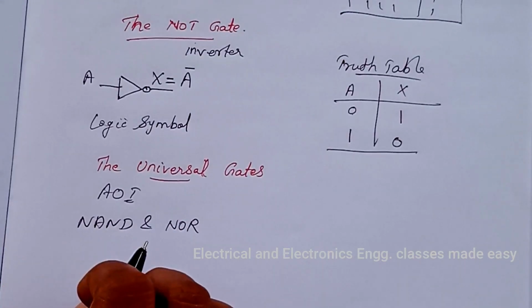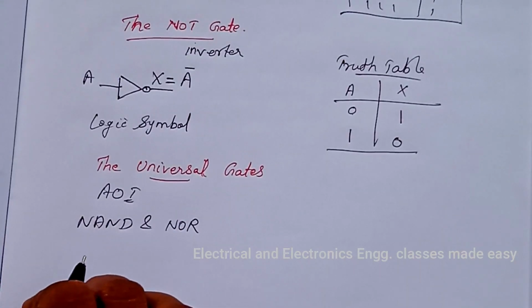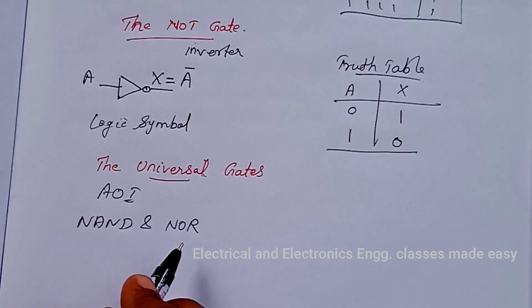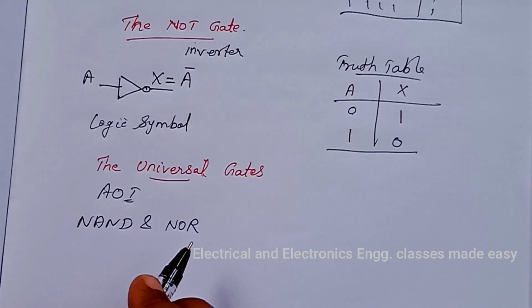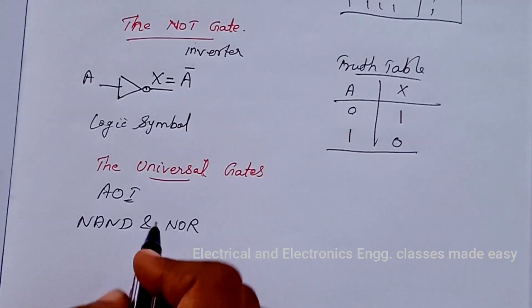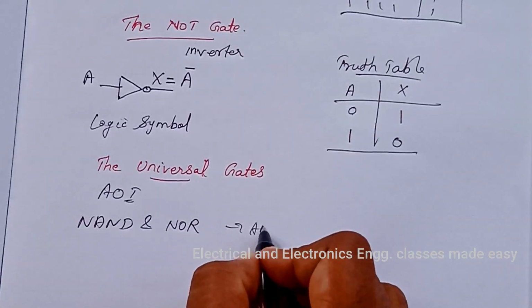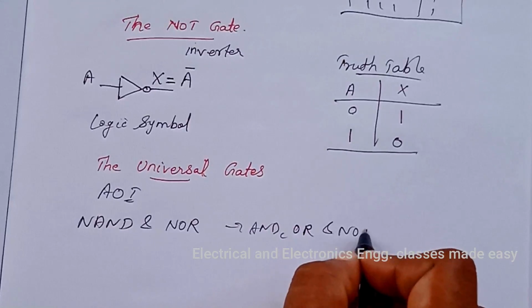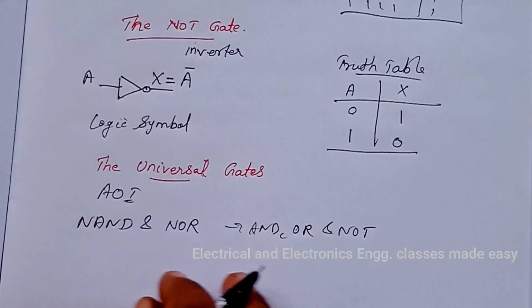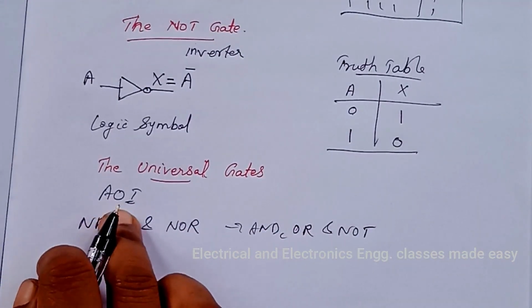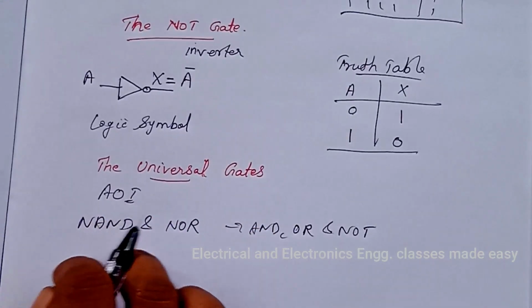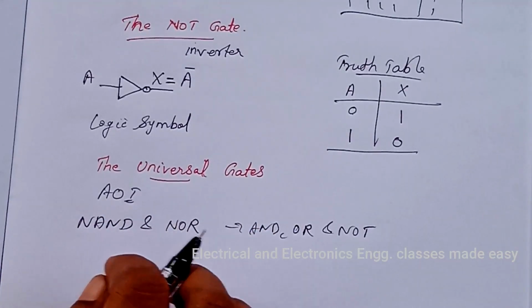The NAND and NOR gates are therefore also called universal building blocks. Both can perform all the three basic logic functions AND, OR, and NOT. Therefore, this AOI logic can be converted to NAND and NOR logic.